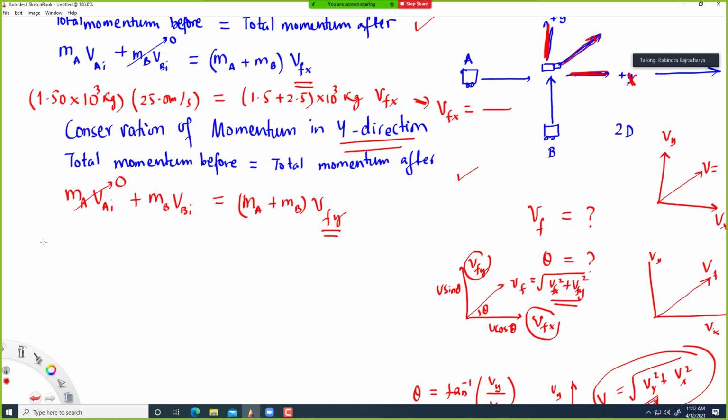Do the same thing here. So mass of B is 2.5 times 10 to 3 kg. VBi, 20 meters per second. Combined mass is 1.5 plus 2.5 times 10 to 3, Vfy. So do the math and find Vfy. Give me a number.